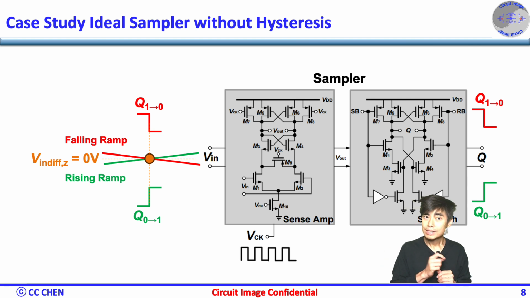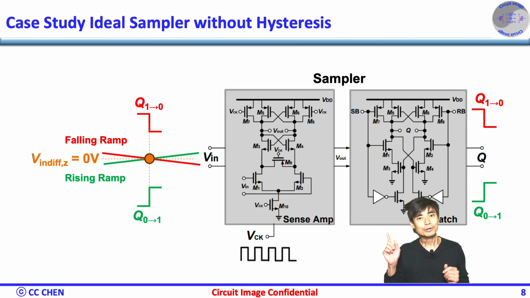For an ideal sampler with a clean reset, you should see the differential output toggle from 0 to 1 right after the input just passed the differential 0 voltage from the rising ramp. On the other hand, you should see the differential output toggle from 1 to 0 right after the input just passed the differential 0 voltage from the falling ramp.